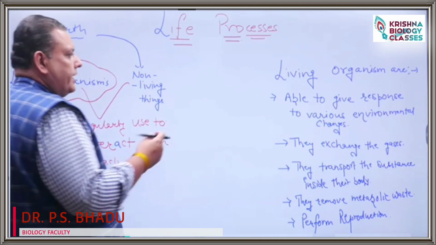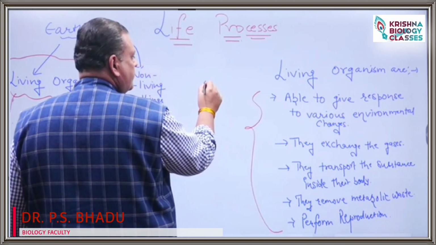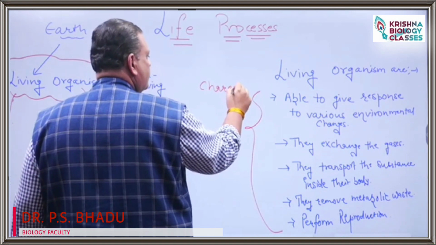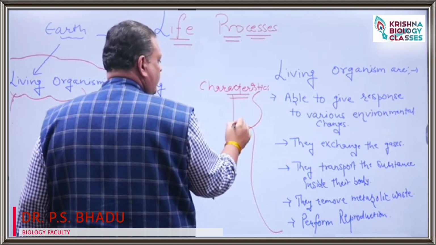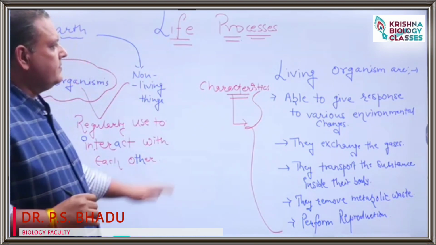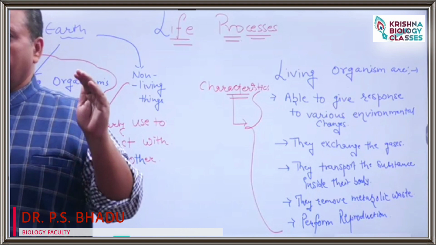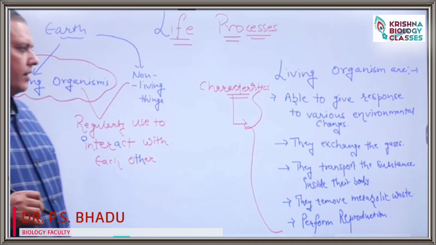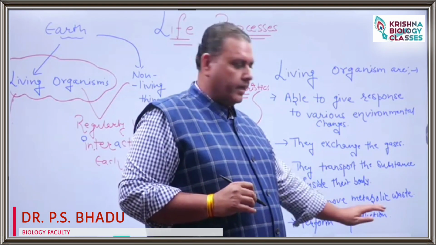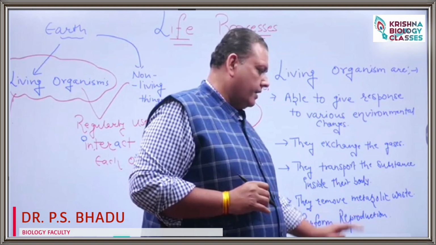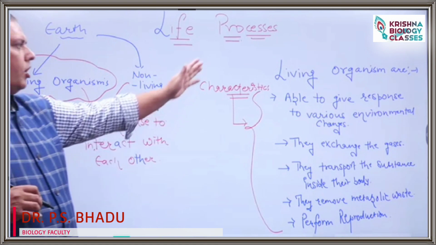So we say that living organisms show certain specific characteristics: they are able to give response to surrounding environmental changes, they exchange gases with their surrounding environment, they transport substances inside their body, they remove metabolic waste from their body, and they perform reproduction, whereas a non-living thing is not able to perform all these activities.